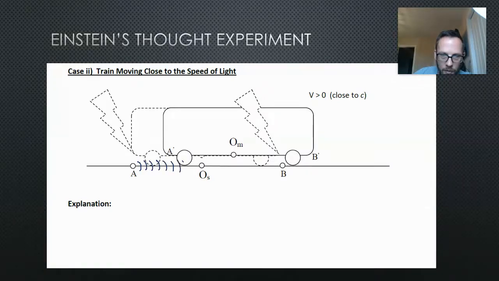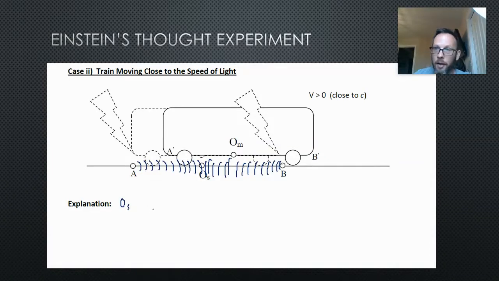The light from the lightning strike at A and the light from the lightning strike at B travel the same distance in the same time. And for this observer, nothing has changed. OS says the lightning strikes are simultaneous, they happen at the same time.